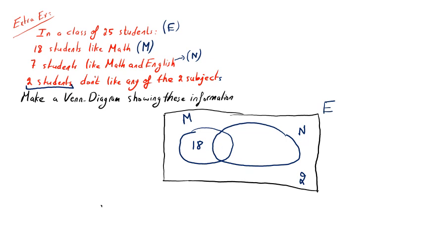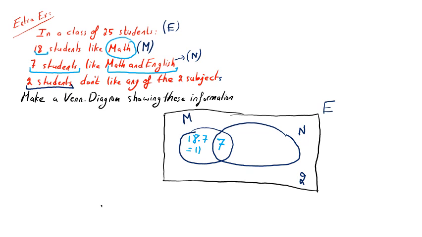So we should always start with the intersection between the sets and then get outside each set alone. 7 students like math and English at the same time, so we put 7 in the intersection, and all the math are 18, so 18 minus 7 is 11.